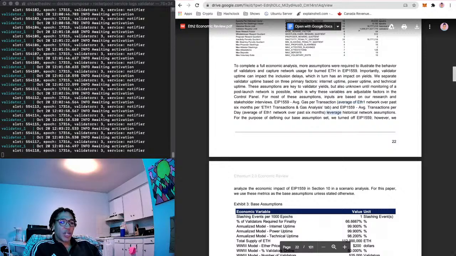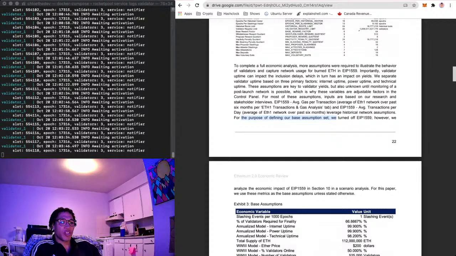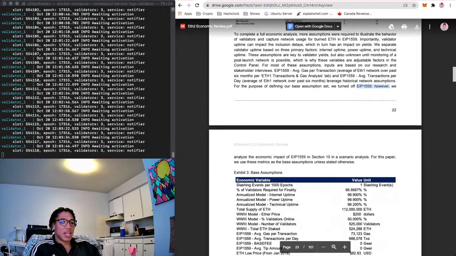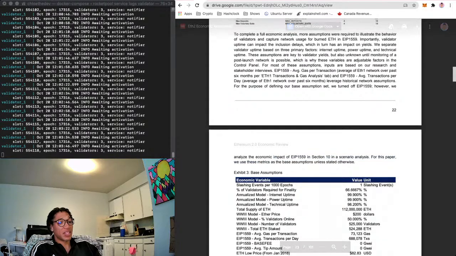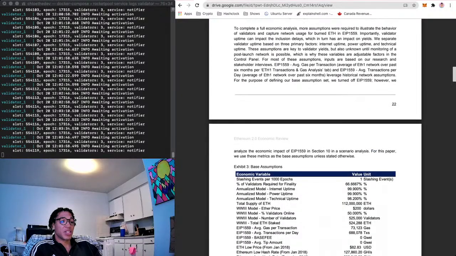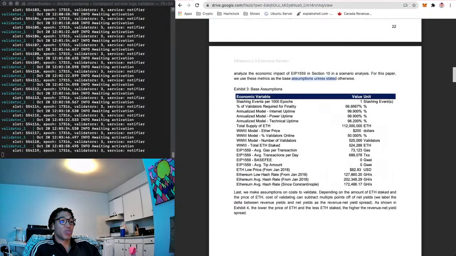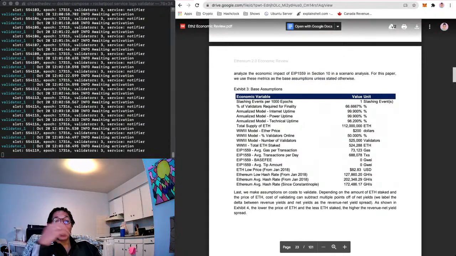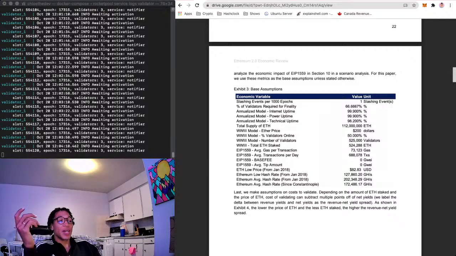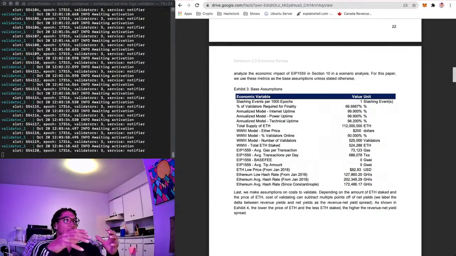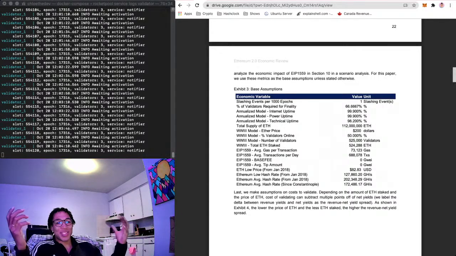Leverage historical network assumptions. For the purpose of defining our base assumption set, we turned off EIP 1559. However, we analyzed the economic impact of EIP 1559 in section 10 in a scenario analysis. For this paper, we use these metrics as base assumptions unless stated otherwise. So these are the base assumptions for the paper. And again, going through the paper, it's really cool because the paper sets up this virtual world. It's almost like a video game.